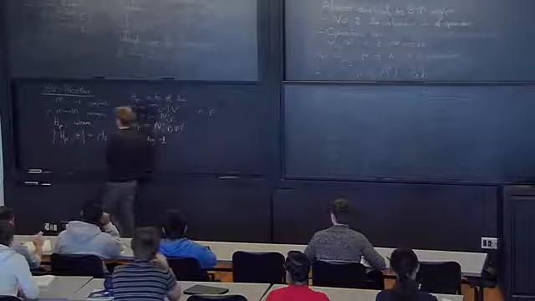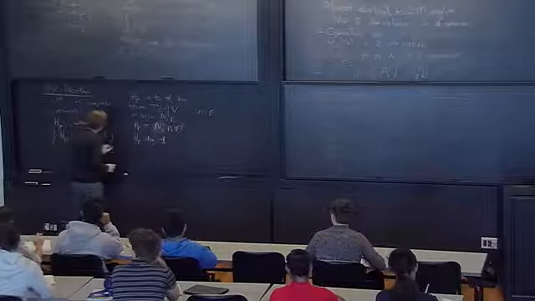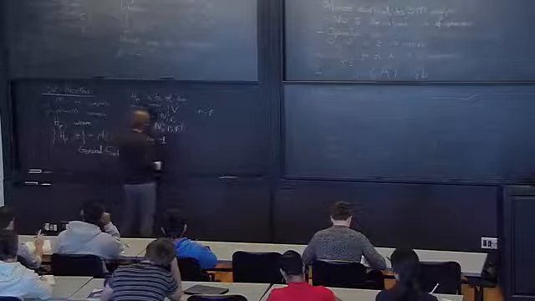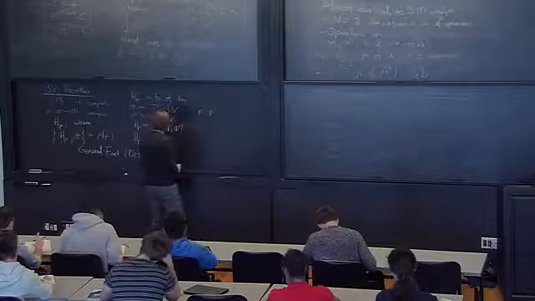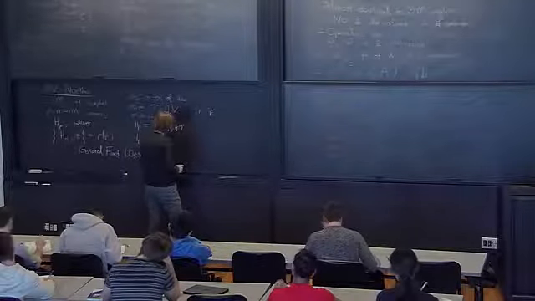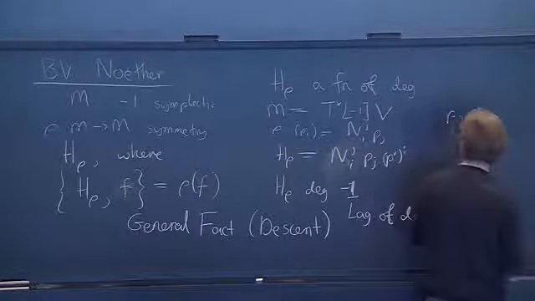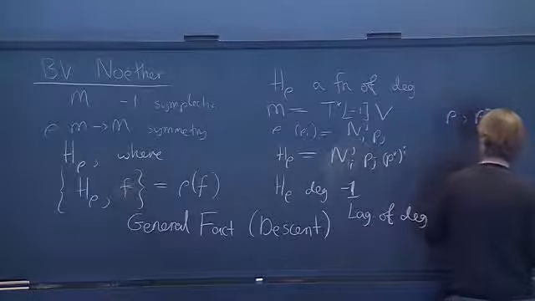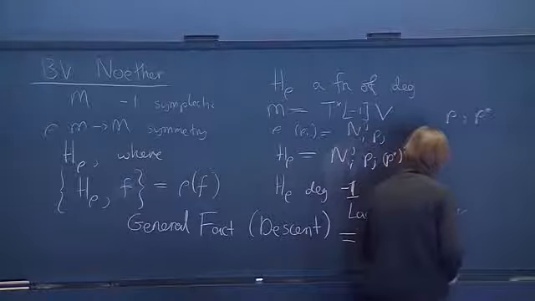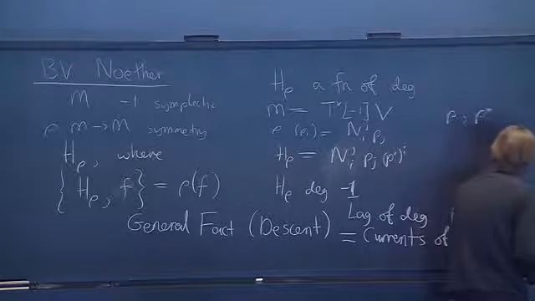There's some kind of general descent: Lagrangians of degree A are equal to currents of degree A plus 1.